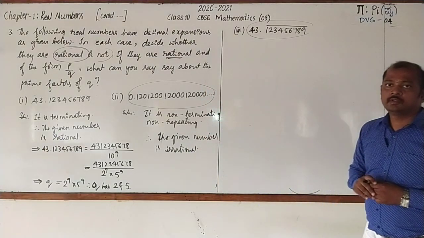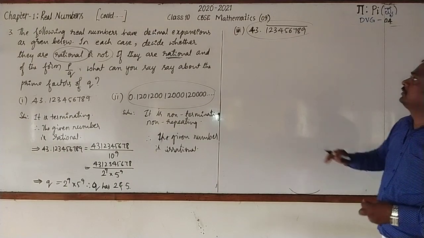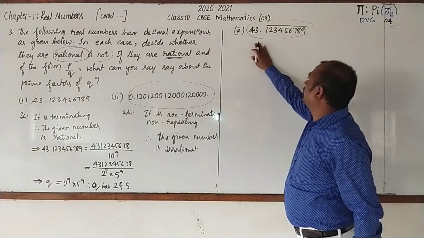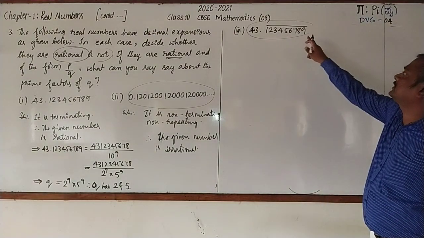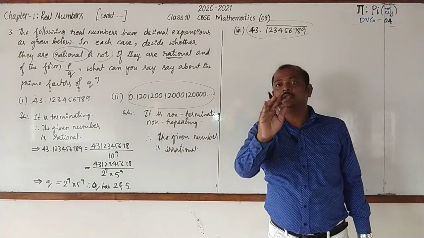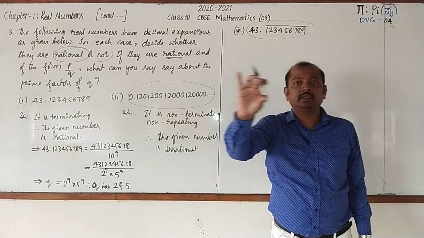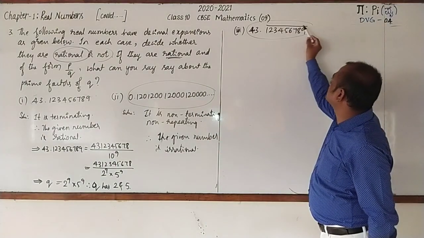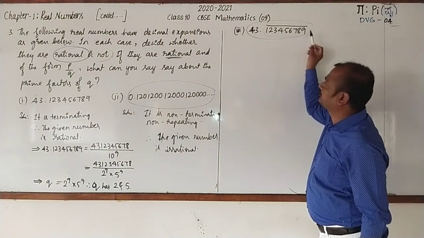Clear? Okay. Now come to the third one. 43.123456789 bar. We know that bar indicates the repeating block. So this is the repeating block.